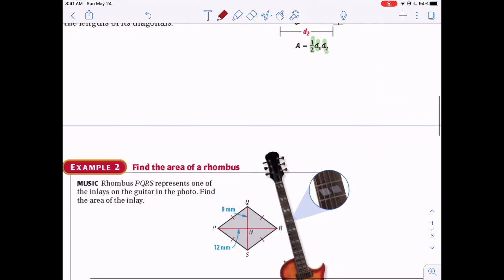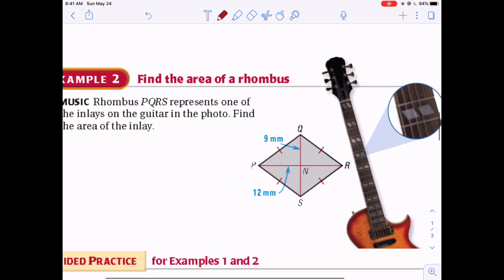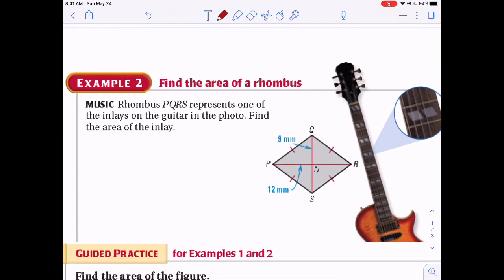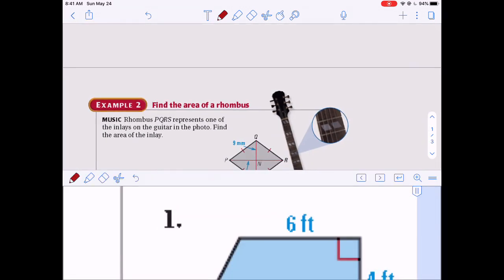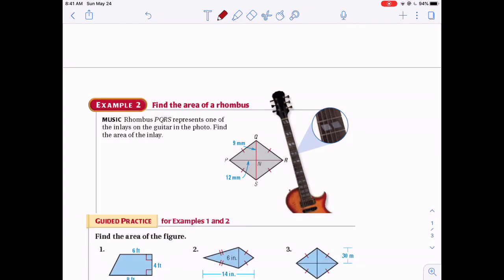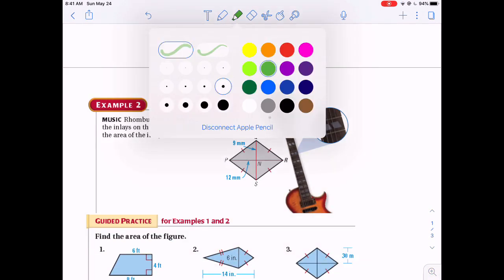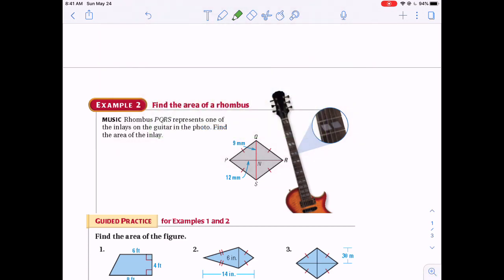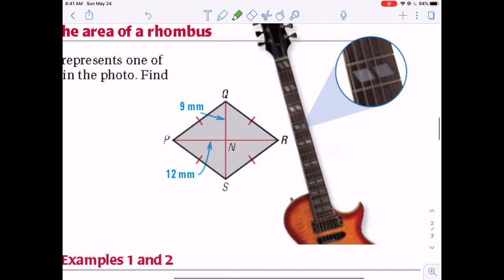And here we go, it's a guitar. This rhombus, PQRS, represents one of the inlays in the guitar. Find the area. So we have an area, yeah, diagonal 9 and diagonal 12. So here's your 9, here's your 12.